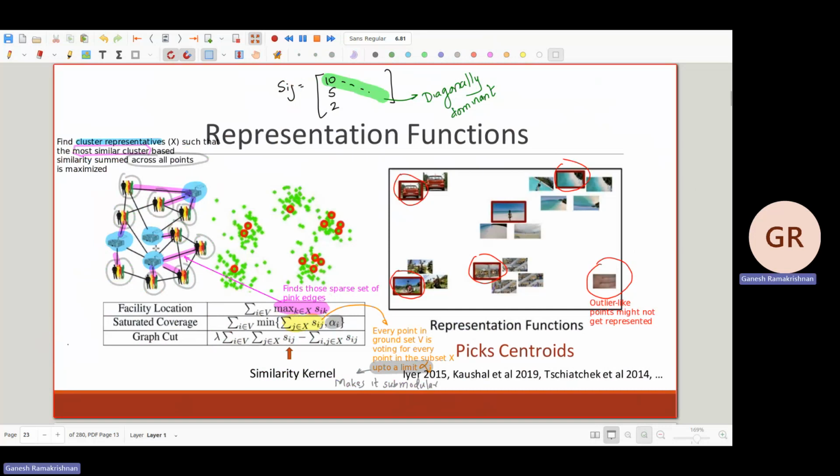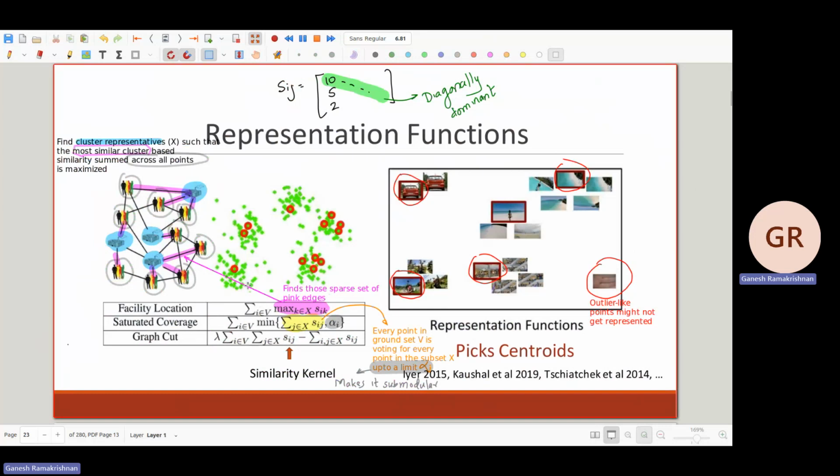So max over K in X of s_ik. s_ik is a similarity function: how similar or how close is i to k? This is i, this is k. And then for each i, find the most similar k and then sum over all the i's.